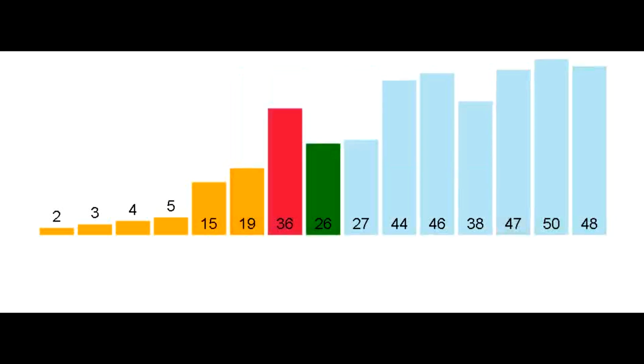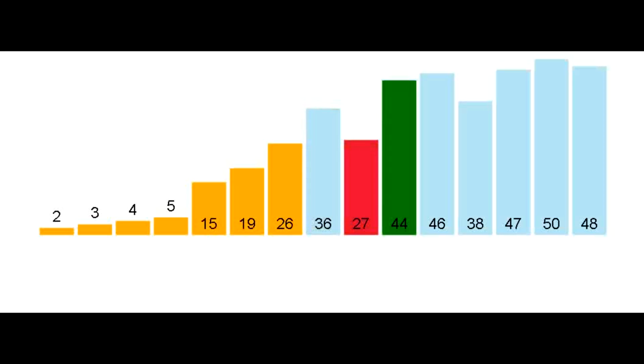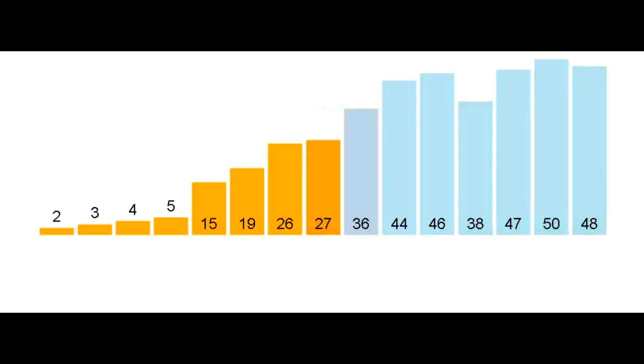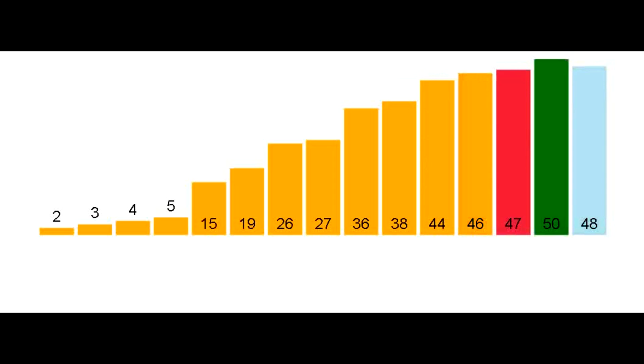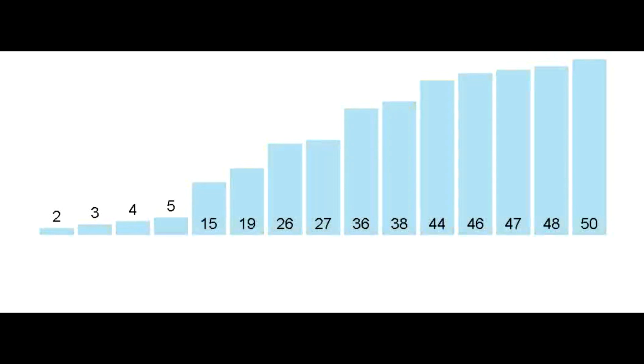This process is not very efficient, but it is one of the ways to sort numbers. As you could see, all the numbers are getting sorted. So this is how selection sort works.